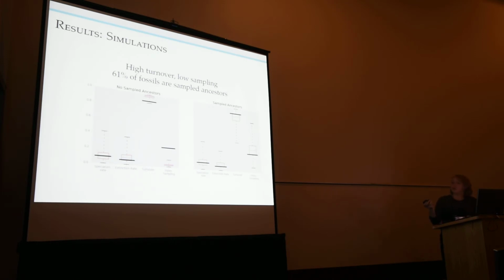And what that does is it forces our turnover to be quite high, a little bit higher than it should be. And this also changes our paleosampling parameter. So the picture is a little bit more complicated than I had initially thought it was. Who knew? But it also is a picture that makes quite a lot of sense.